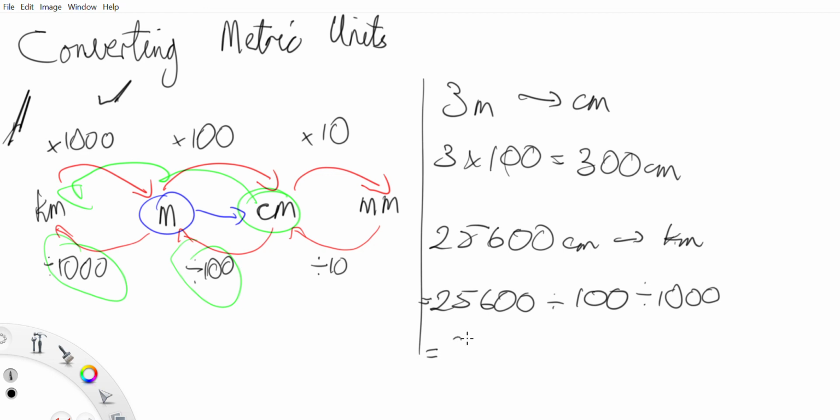So we'd write 0.256 kilometers. It's really important here that we show our working out, that we're showing what we're converting from and to, and then the steps that we need to go through. That's the really important part, and obviously our answer at the end.